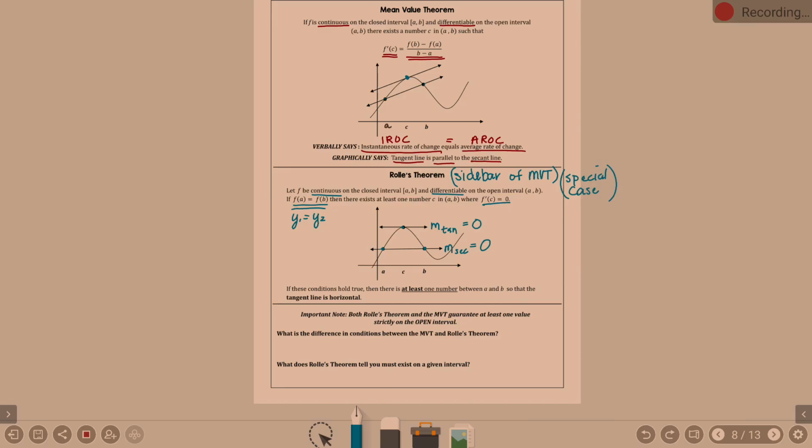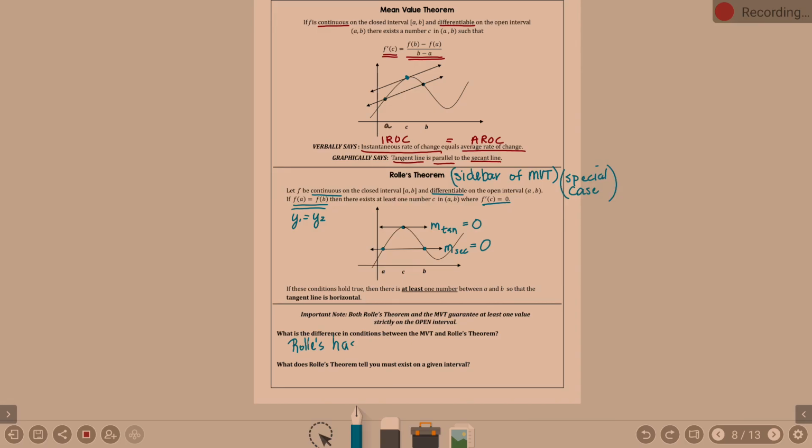What's the difference in conditions between the MVT and Rolle's theorem? Rolle's theorem sets it up where your secant line has to have a slope of 0, right? That's not required in MVT.